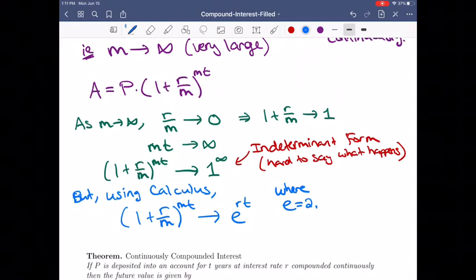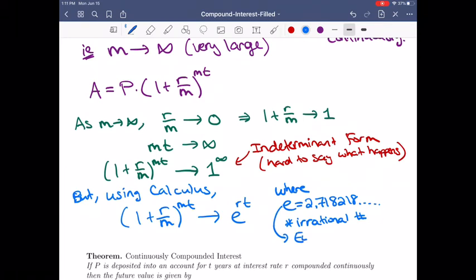It's 2.718218, and it just keeps going. So it's an infinite, non-repeating decimal. But it's very special. It's called Euler's constant. It's a number, and your calculator has a button for computing it.